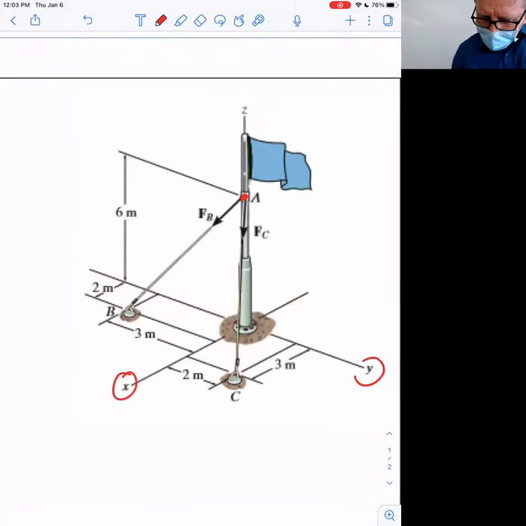Notice the positive X, positive Y, positive Z. So from here, in the X direction, it's pulling this far. You agree with that? You just go straight to the corrected coordinates. So that's 2. You agree with that?